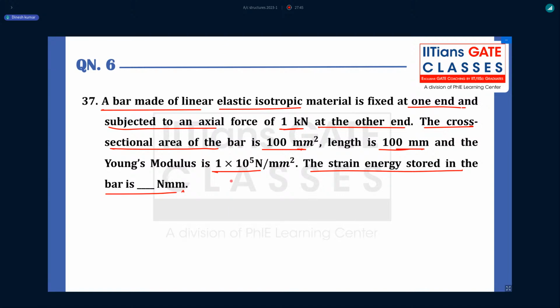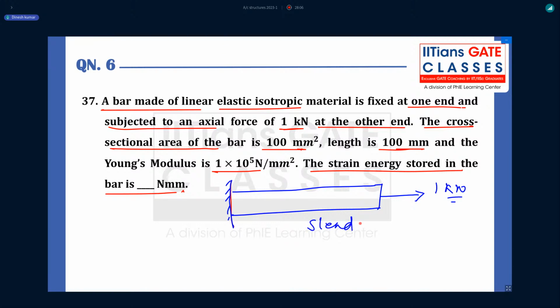So now if you see the bar, what they told is your bar is fixed at one end and free at the other end, and there is a load of 1 kilonewton. Now you can see here your bar is a slender prismatic bar.